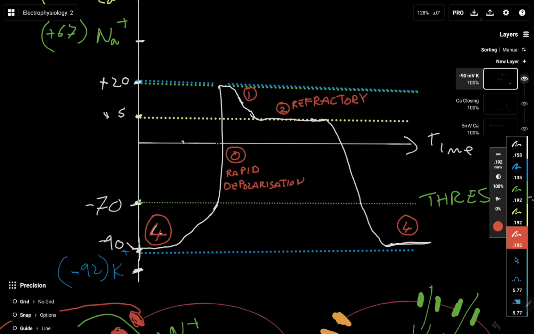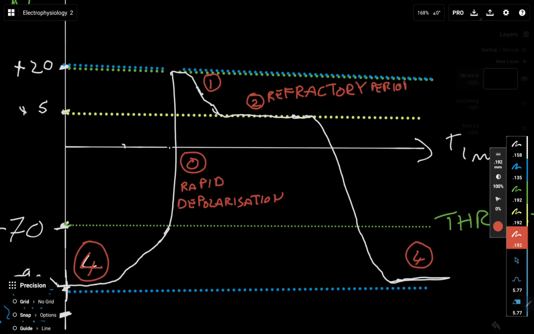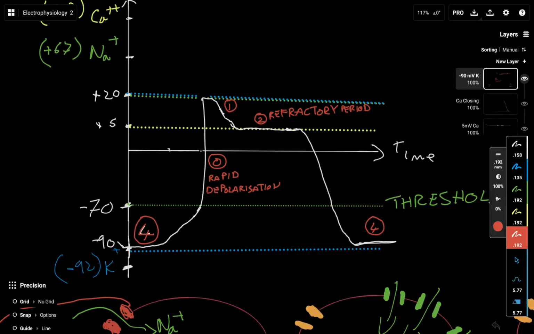During my refractory period, as we said, almost a resting phase of my cell, another action potential cannot be generated at that point.